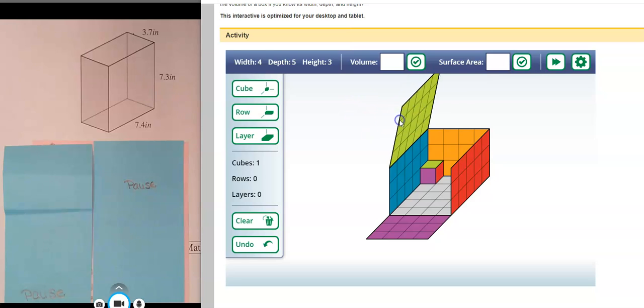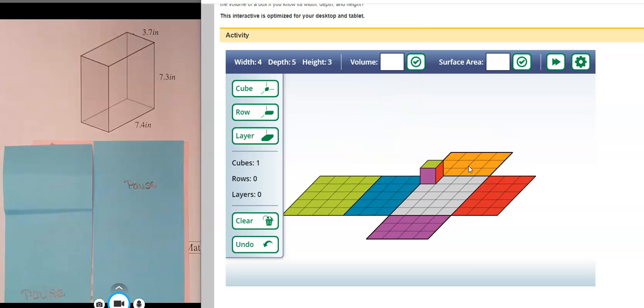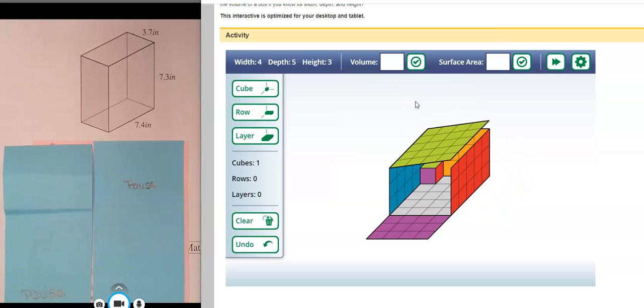The first thing I want to do though is talk about why you might multiply the numbers in order to find the volume of a prism if it is a rectangle. So volume is asking how many cubes can fit inside a rectangle.